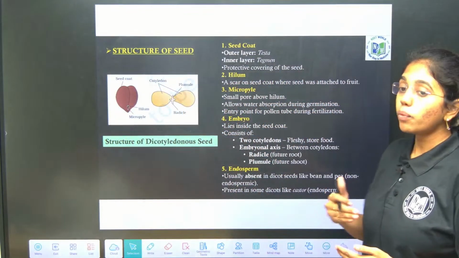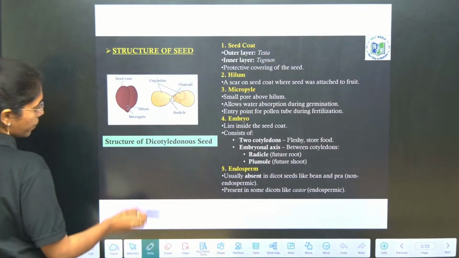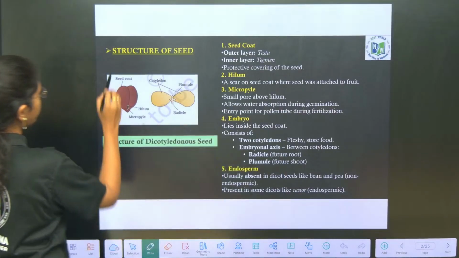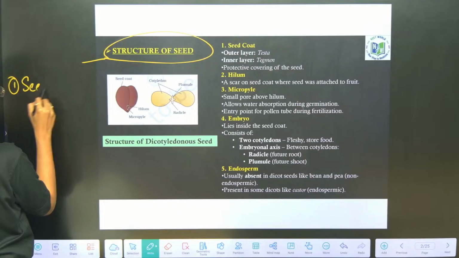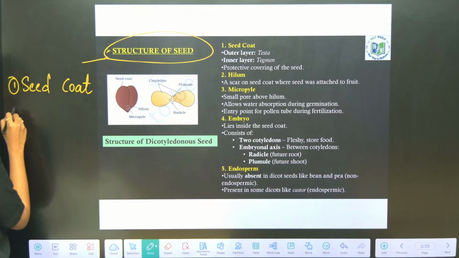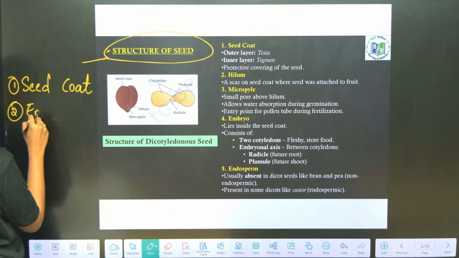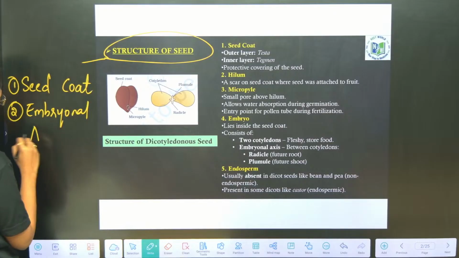You have to know what the parts of a seed are first. Seed mainly consists of 3 parts. One is seed coat, and then embryonal axis.